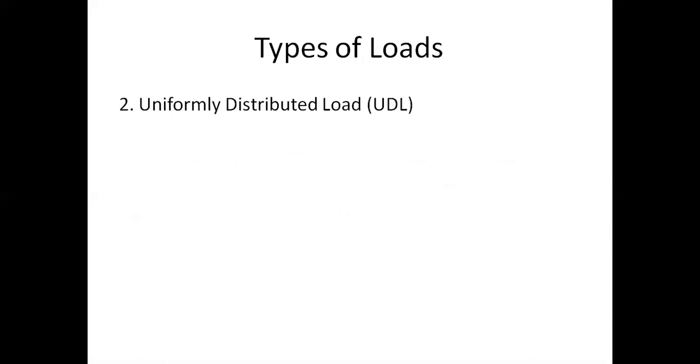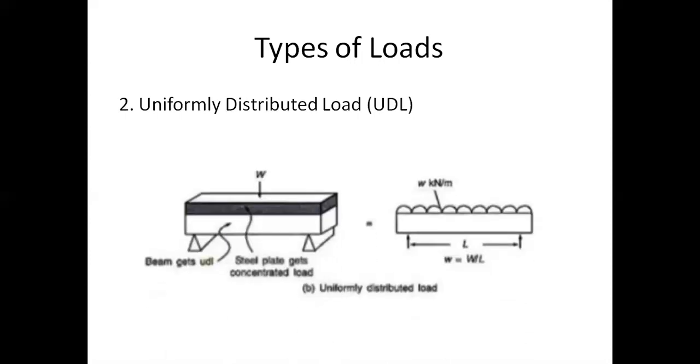Second one is uniformly distributed load. What do you mean by uniformly distributed load? If the load is there for the entire span. For example, if you take this beam, and a steel plate and concrete load. Generally, when we make slabs with the help of pillars, the pillars are the supports, and we have an entire span.